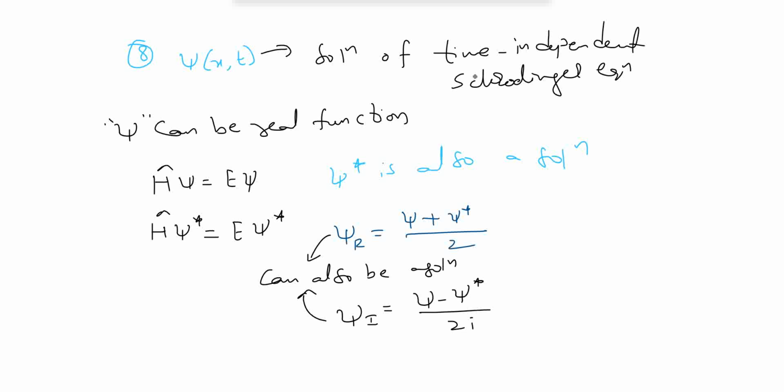Hence, for the time independent Schrodinger equation, psi can be a real function, because even if psi and psi conjugate are complex, both psi and psi conjugate satisfy these equations, and when we take linear combinations, we get real quantities.